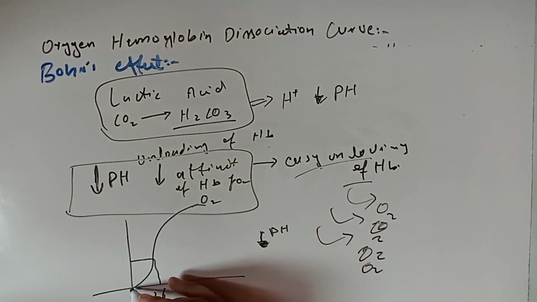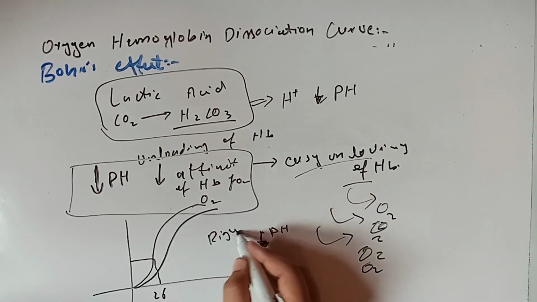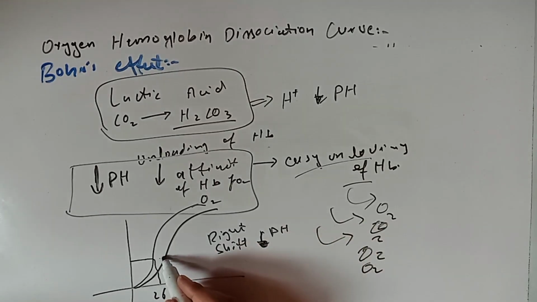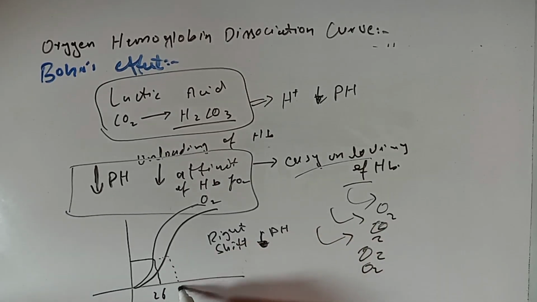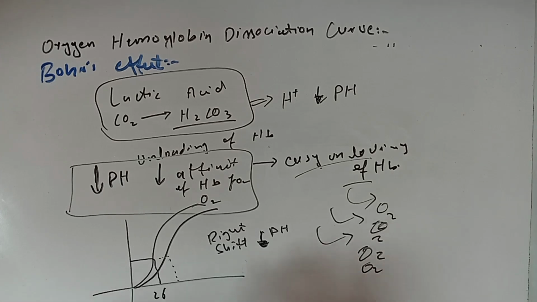So this curve shifts towards the right side. Now this right shift occurs because this 50% saturation will occur at higher pressures. At lower pressure it has released oxygen. So decrease in pH shifts this curve towards the right side because the affinity of hemoglobin for oxygen has decreased due to the presence of H positive ions.